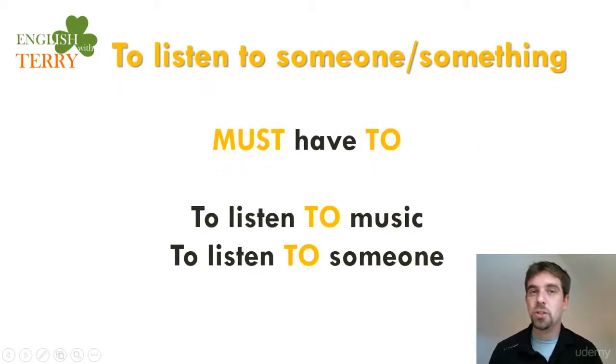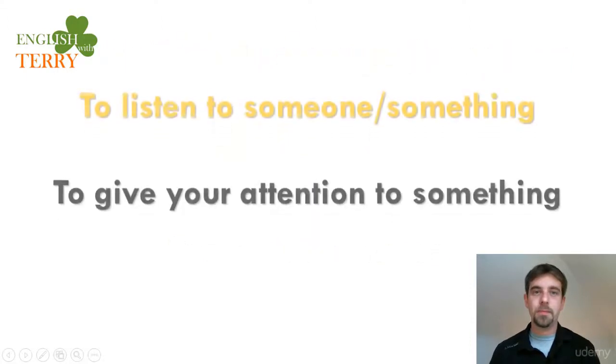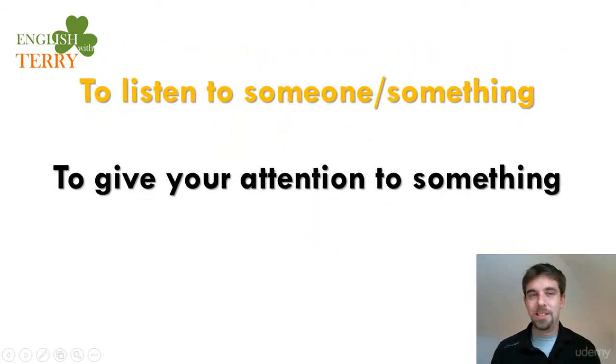To listen to someone, you must have to. To listen to music, to listen to someone, you must have the word to. So when you listen to someone or something, like we saw in the last video, it's about giving your attention and focus to something.